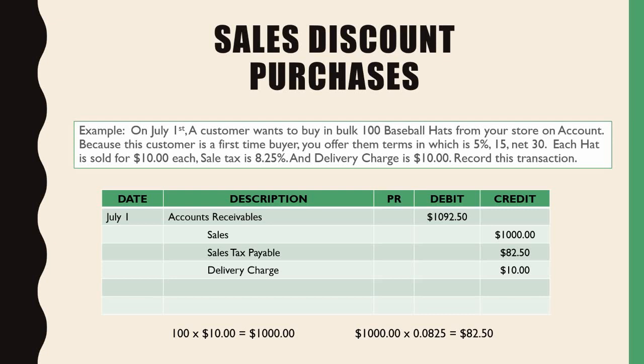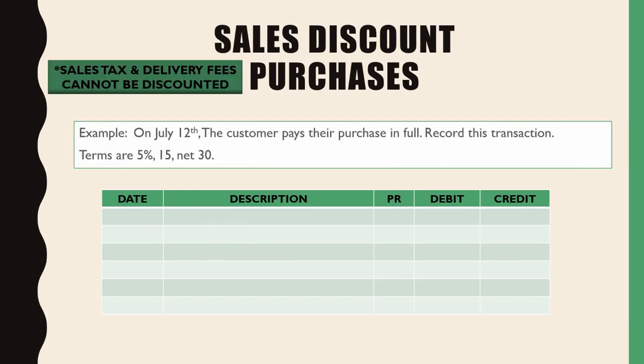So we're not willing to give him free shipping, but we are charging him. But we're willing to give him a 5% discount if he pays off this $1,092.50. Okay. So good. Now here's the scenario where on July 12th, so it's been 15 days.